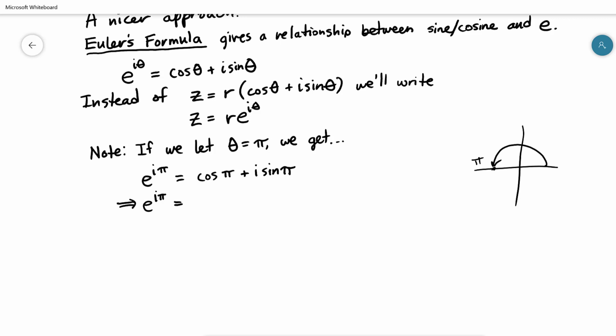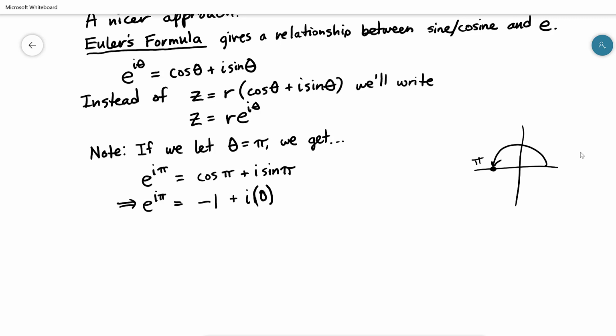Cosine is our x-coordinate on our unit circle. So cosine of pi is -1, and then the sine of pi is the y-coordinate of this same point, which is 0.